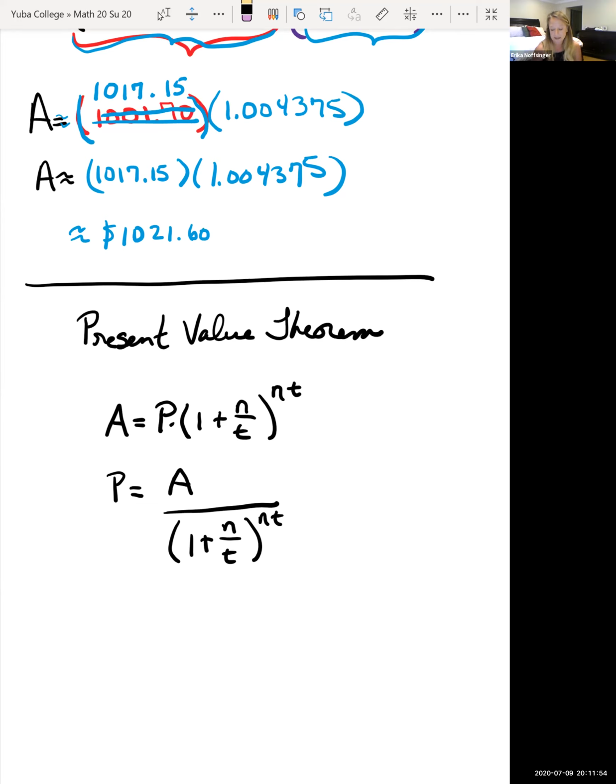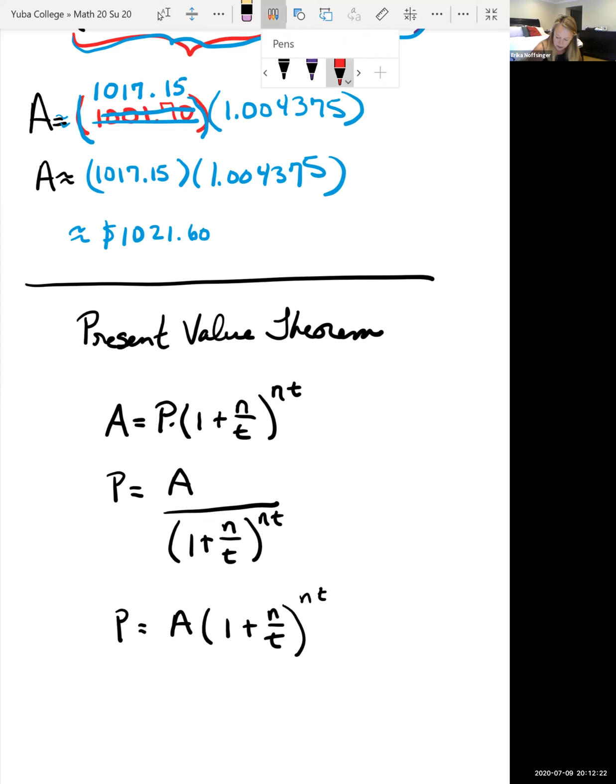Let's use rules of exponents. Let's bring this denominator, this grouping, back up into the numerator. We can do that by rewriting the exponent as negative. So 1 plus r over n, all raised to the nt. But we brought this up from the denominator to the numerator, so that has to change the sign of our exponent to a negative.